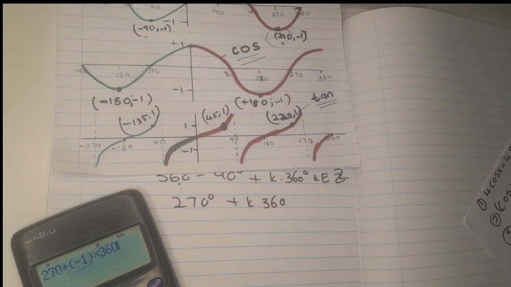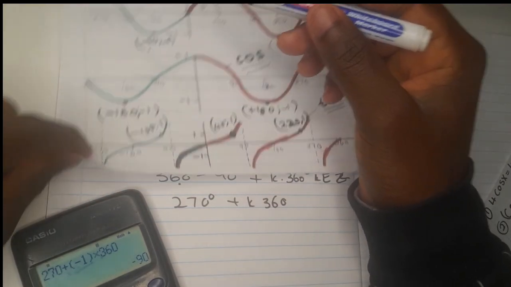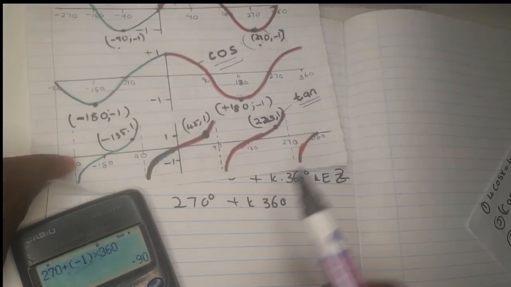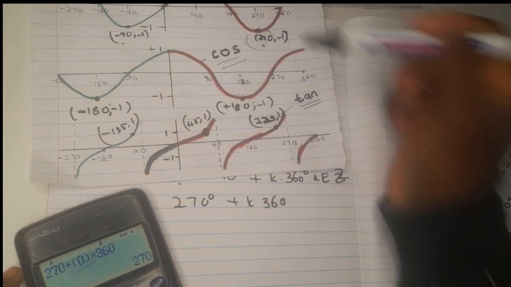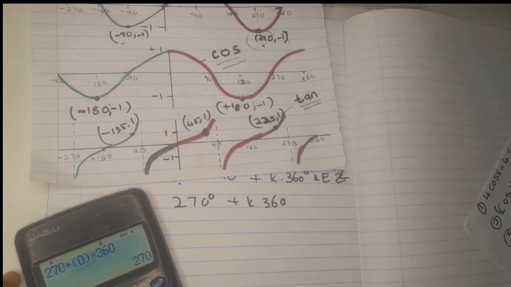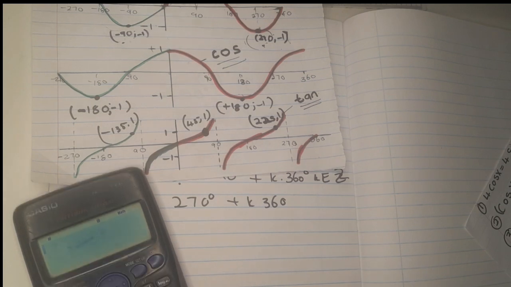So I press equals, and I get my -90. Let's say maybe my k is 0. If my k is 0, I get 270.